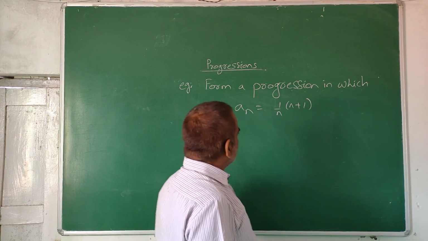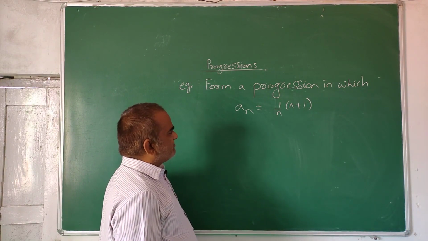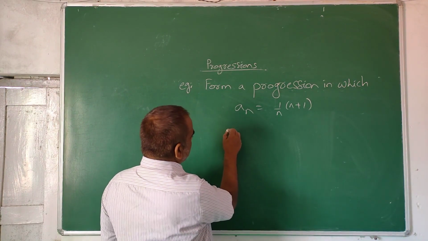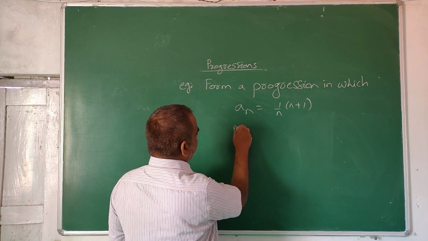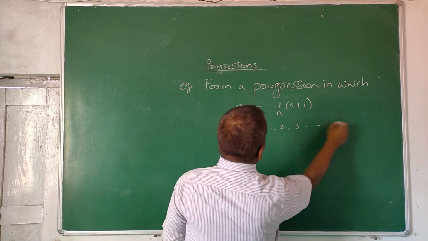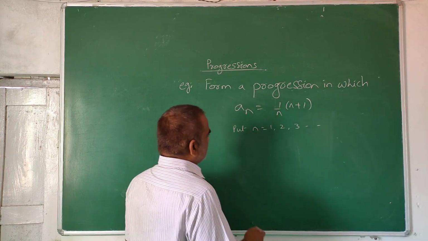So we have to form a progression in which a_n is equal to 1 by n(n+1). Now how can you form? You have to put n equal to 1, 2, 3 and so on, and you have to get the corresponding terms of the progression.